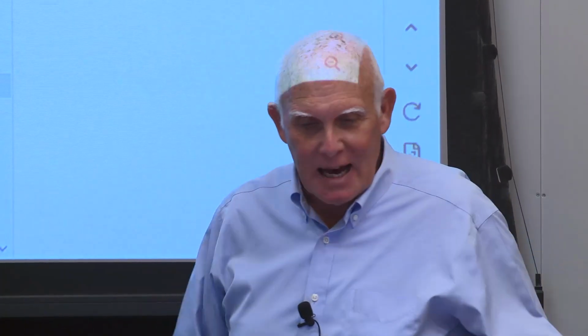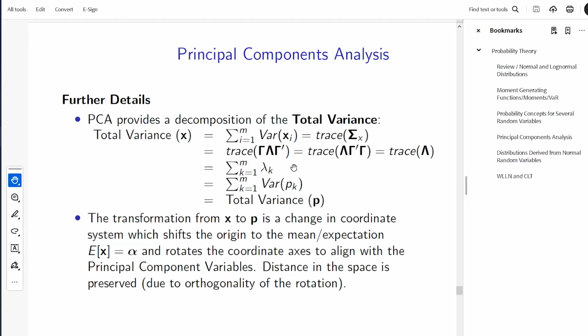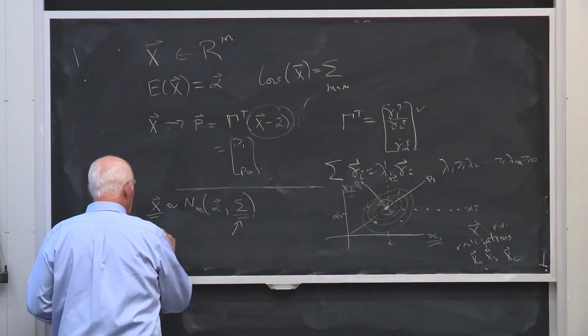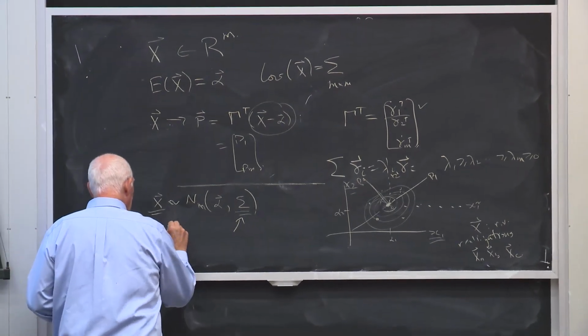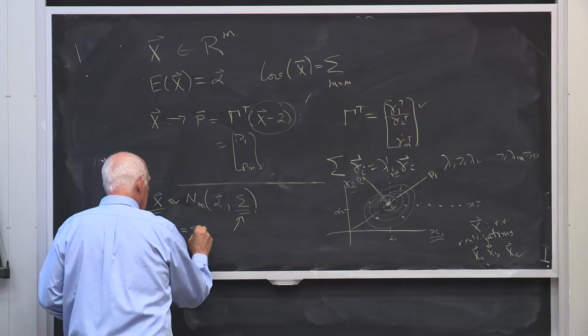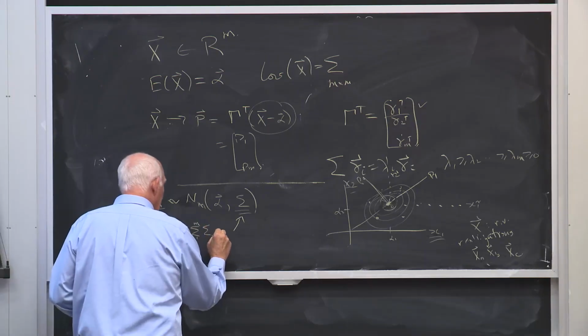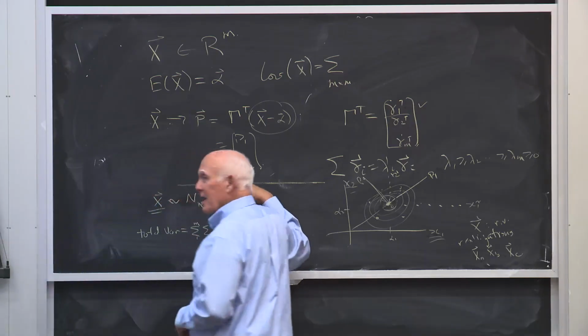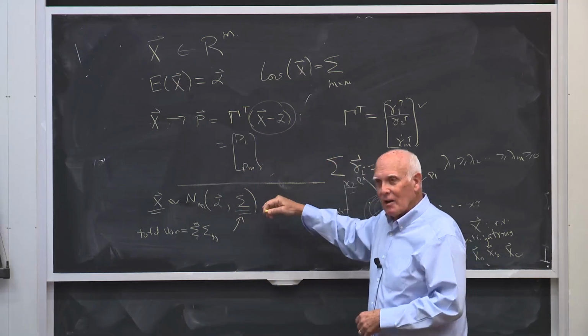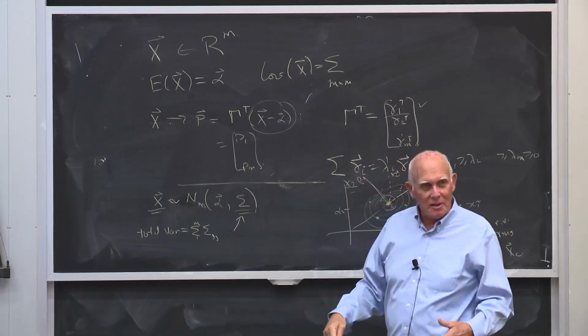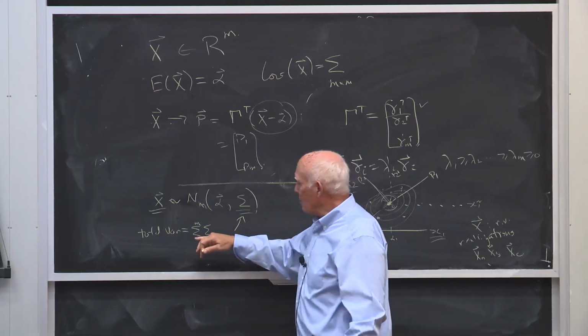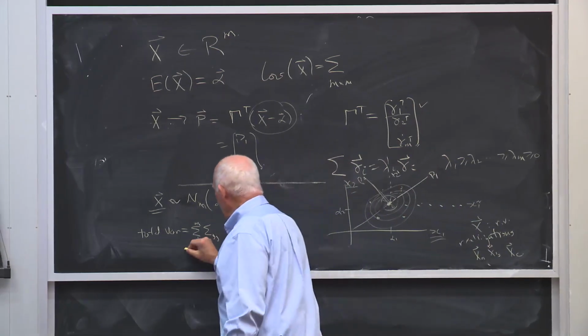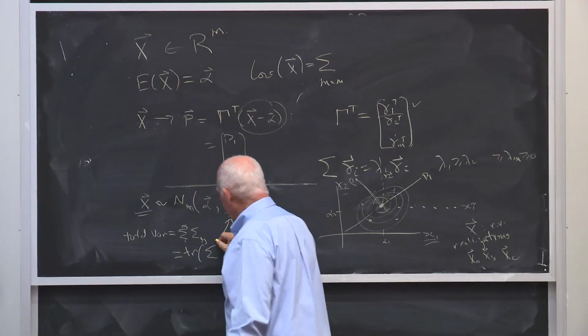Mathematically, with principal components analysis, we can talk about a decomposition of the total variance. If we have this covariance matrix sigma, the total variance is equal to the sum from j equals 1 to m of sigma jj. So the jth diagonal entry of the covariance matrix is the variance of the jth component, and the sum of that is the trace of sigma.